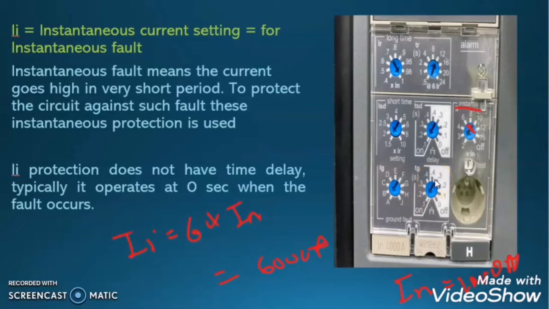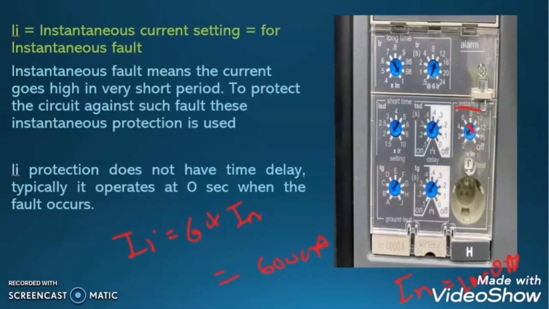So if this circuit breaker detects a huge current within no time, then it will consider it an instantaneous fault and it will trip the circuit without taking any time. That's why there is no time setting for the instantaneous fault.